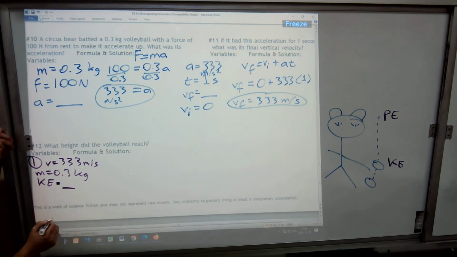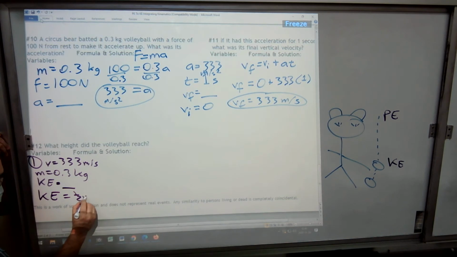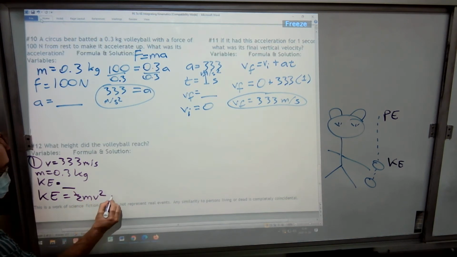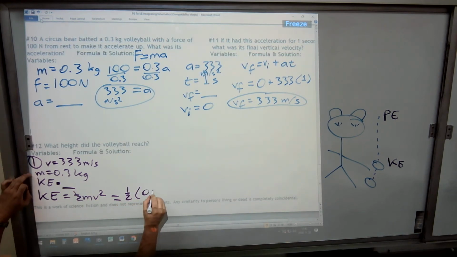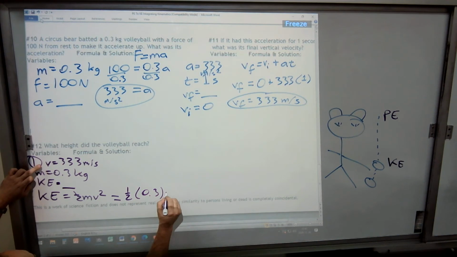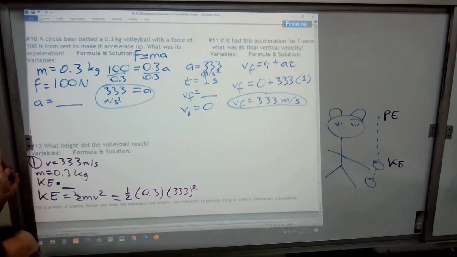So all right, let's use our formula here. KE equals 1/2 mv squared, and I'm going to plug that in right over here. 1/2 times 0.3 times 333 squared.